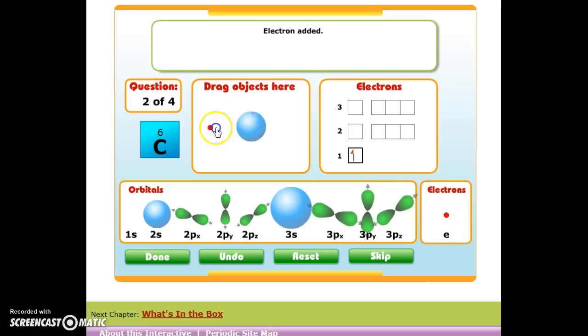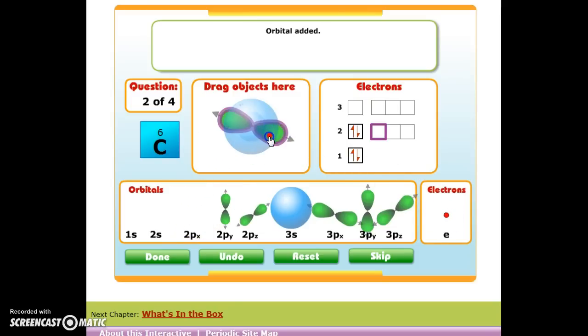We'll start. So 1s2, 2s2, then we're going to go 2p. Notice if I put an electron in one of the p's and I go to put an electron in another p, it's not going to let me. Why doesn't it want to let me put an electron in the same box?